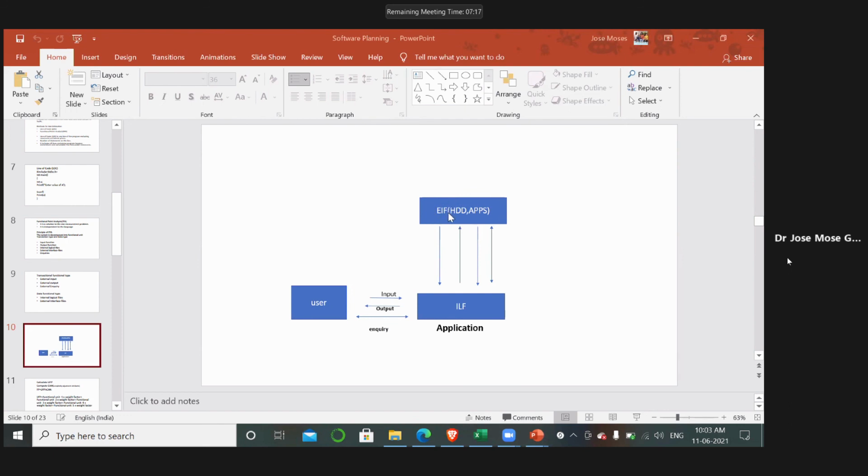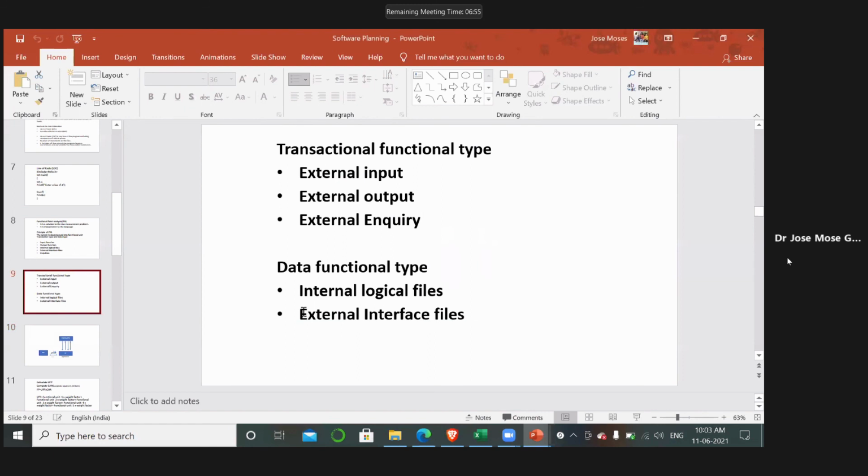So the 5 concepts that we take in function point are input, output, enquiry, interface, and files. Based on these 5, we are calculating the complexity of the developed software. Okay, so all these 5 points, like internal inputs, outputs, inquiries, files and interfaces, are the 5 blocks required in a function point analysis.